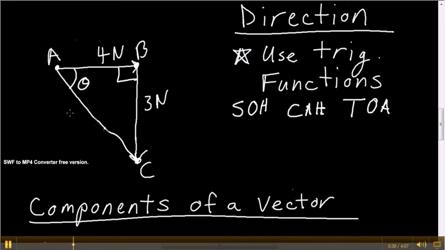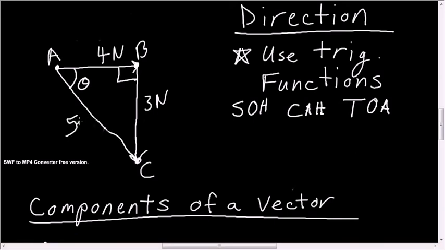Because we know all 3 sides of our triangle, we can use any of these functions we want, really. But I'm going to choose tangent, because we were originally given 4 and 3, so it'll be based on our original information.